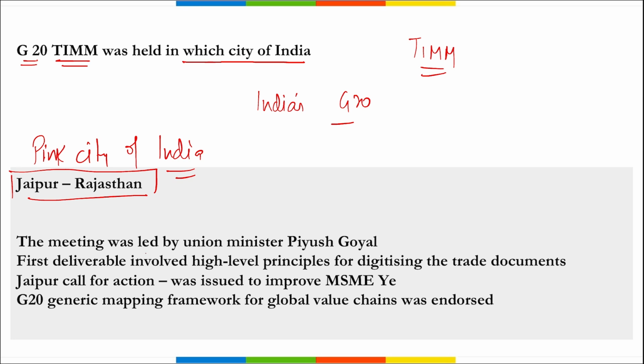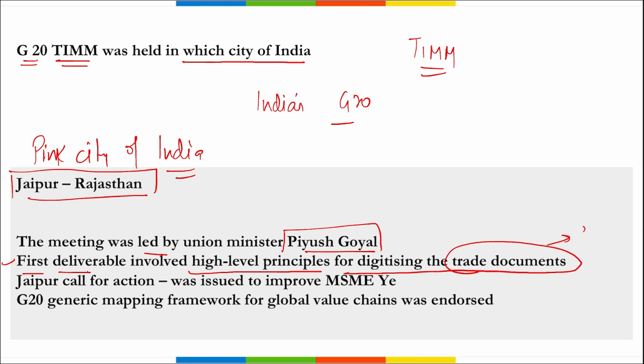Right. Then this meeting was led by Union Minister Piyush Goyal. The first deliverable, or we can say this meeting concluded with the finalization and adoption of the G20 trade and investment outcome. There were some key documents and some key points that you need to remember here. First among them involved high level principles for digitizing the trade documents, right?